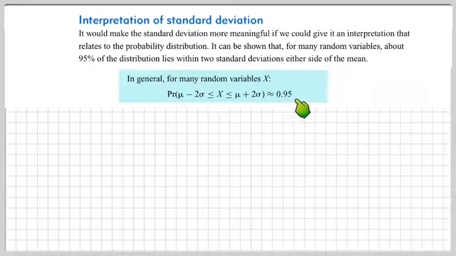In other words, there's about a 95% chance that it will fall within that lower extremity and that upper extremity. Okay, that's what they're saying.